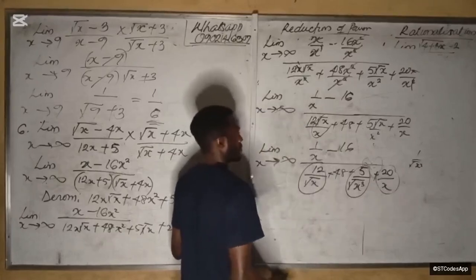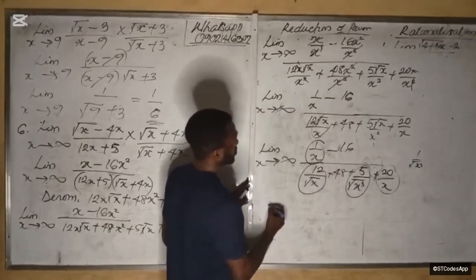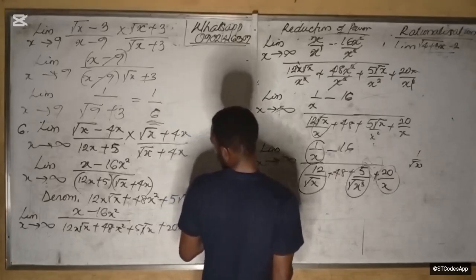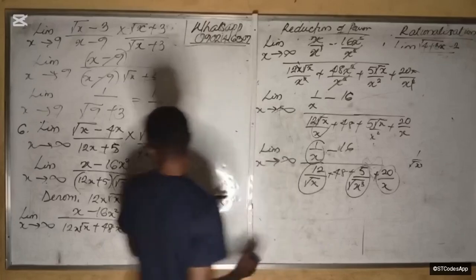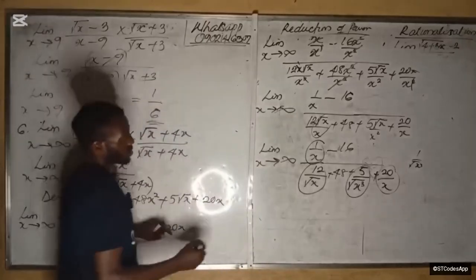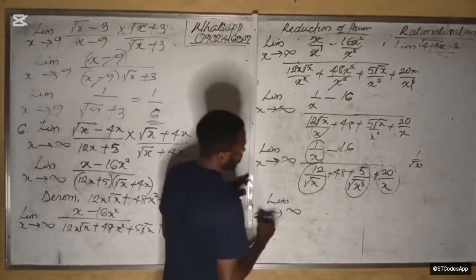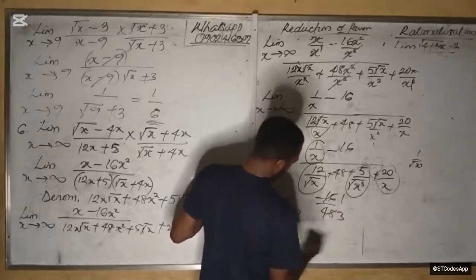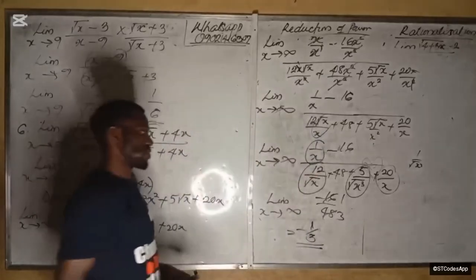We didn't even need to do any manipulation. So our answer becomes what? Exactly. So our answer becomes minus 16 over 48. Here 1, here 3. So our answer becomes negative 1 over 3.